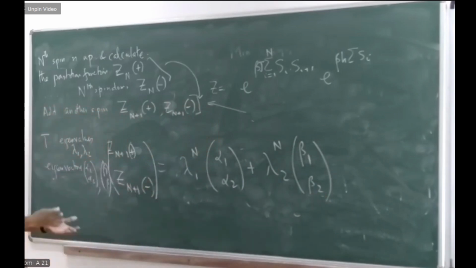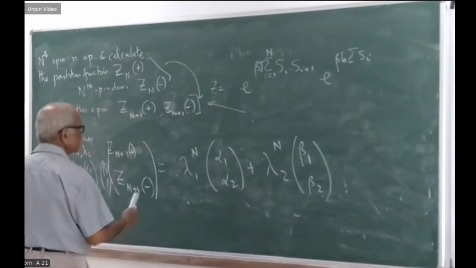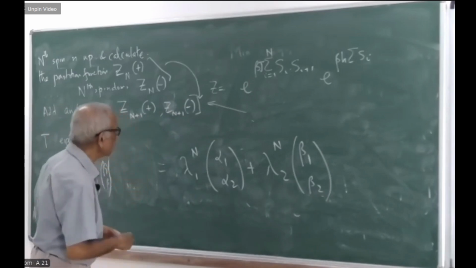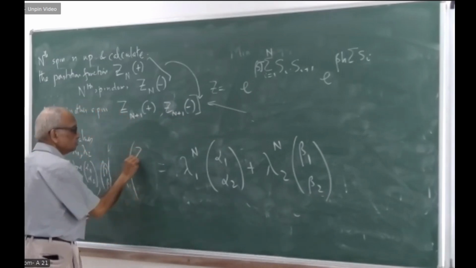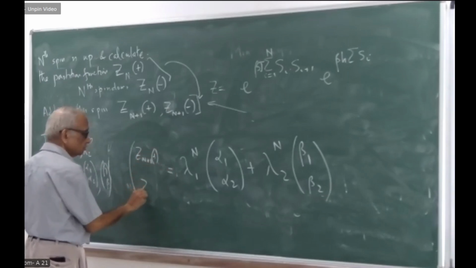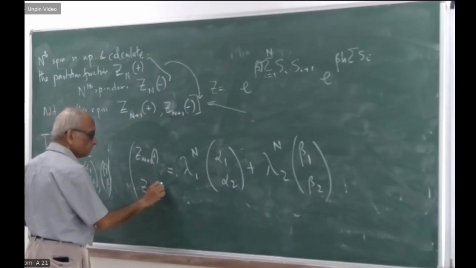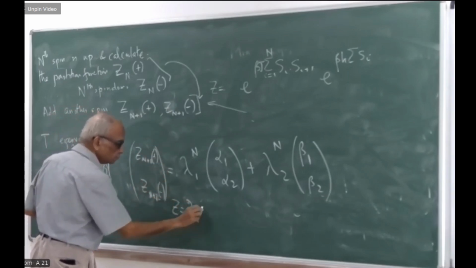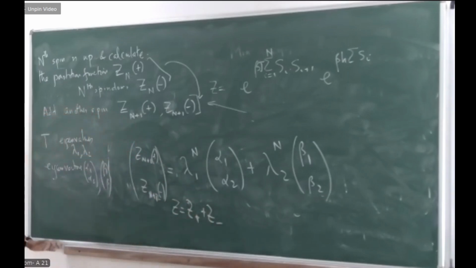So that has to be the final structure of this Z n plus 1. So your partition function looks like this. Shouldn't have erased that. And Z is that. So that's the story.